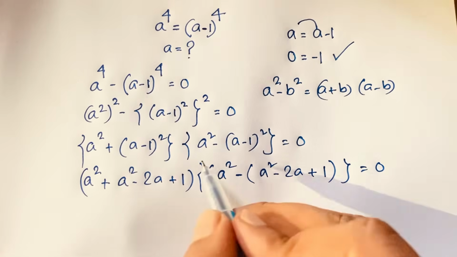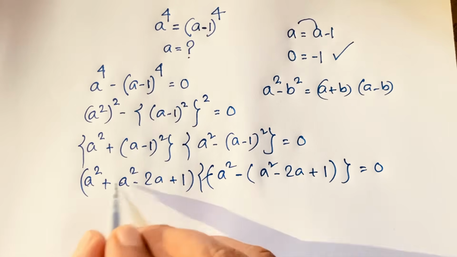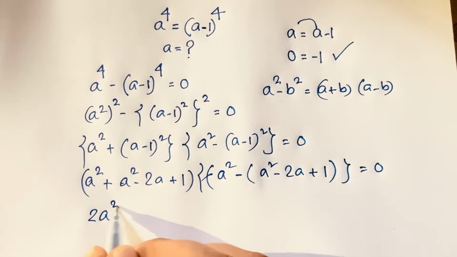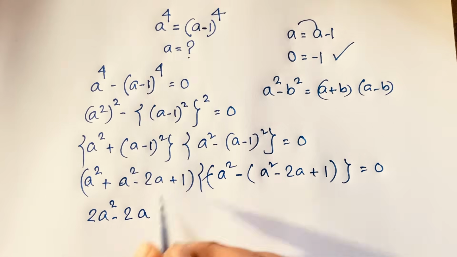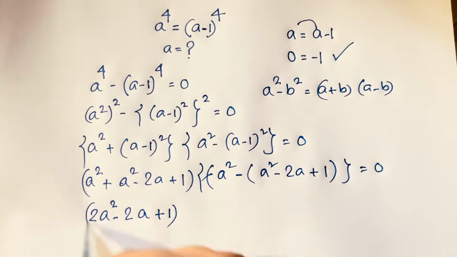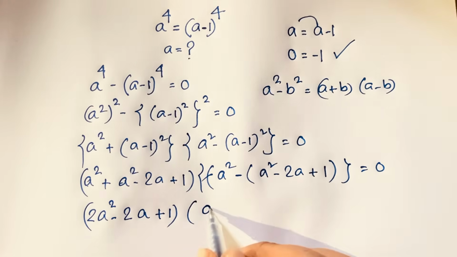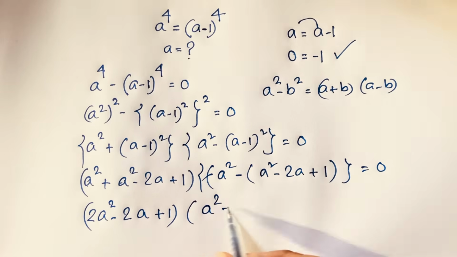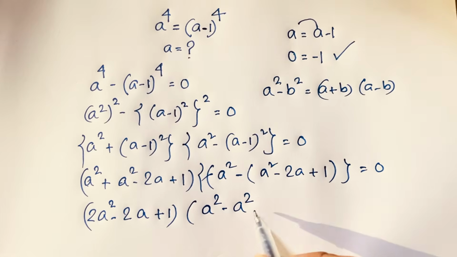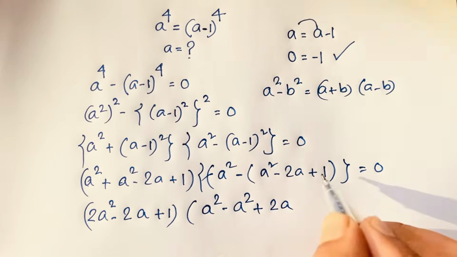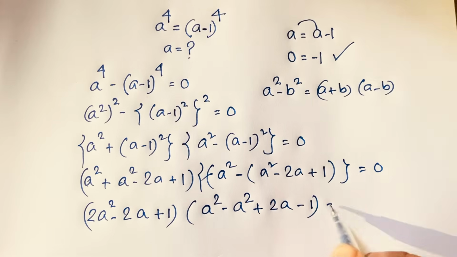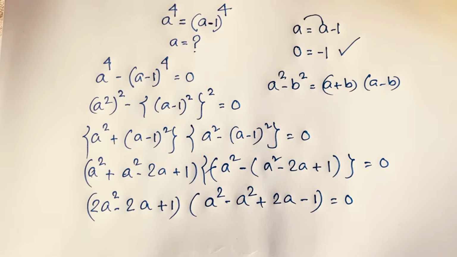Then you can say easily here it will be 2a square minus 2a plus 1 times, and it will be a square minus a square, minus minus, plus 2a, minus 1 is equal to 0.